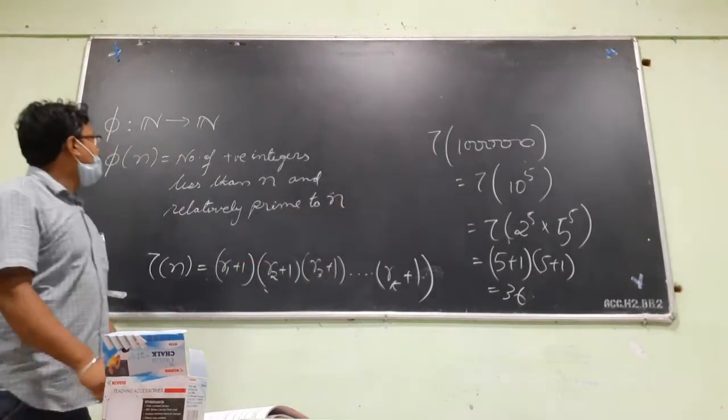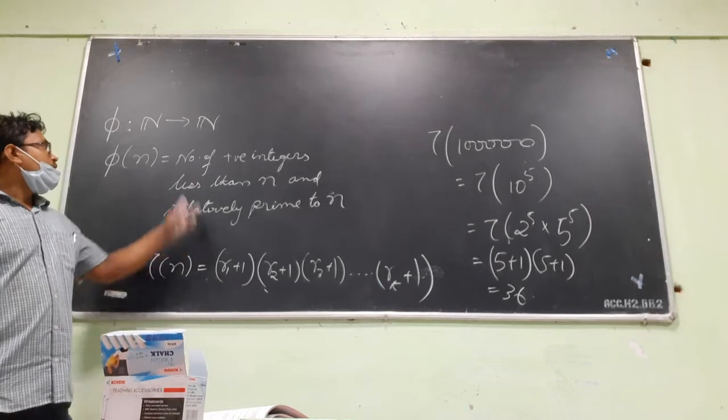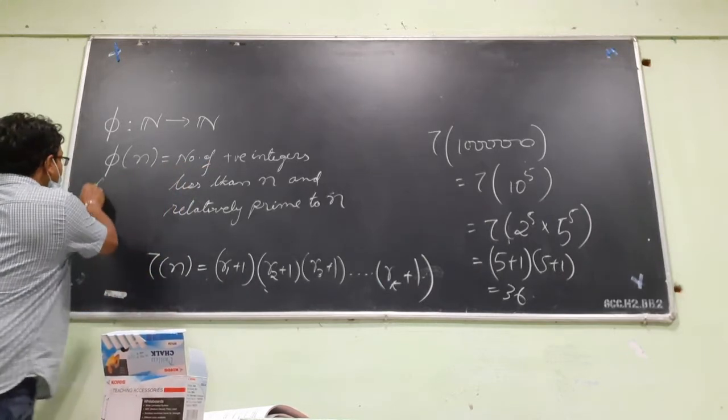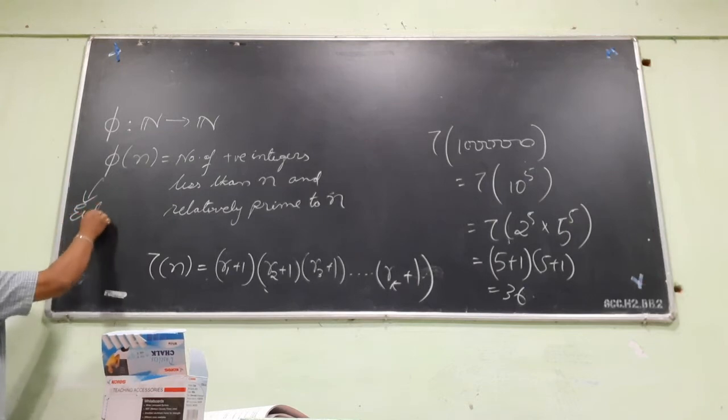This is the definition of phi of n. This is also called Euler's phi function.